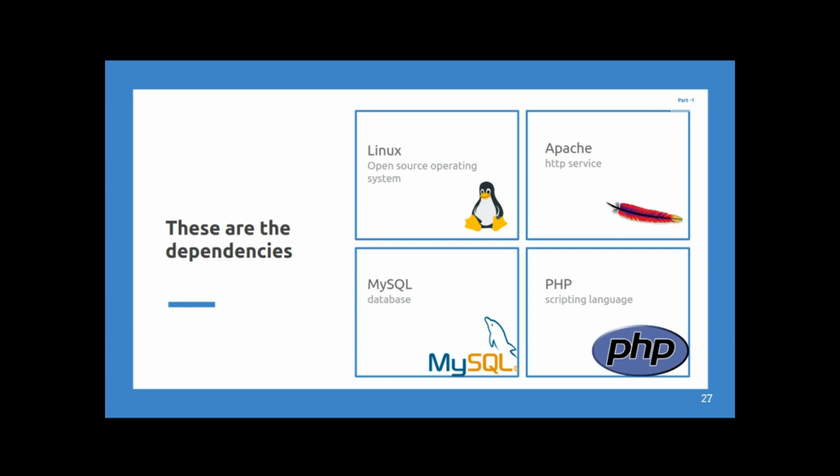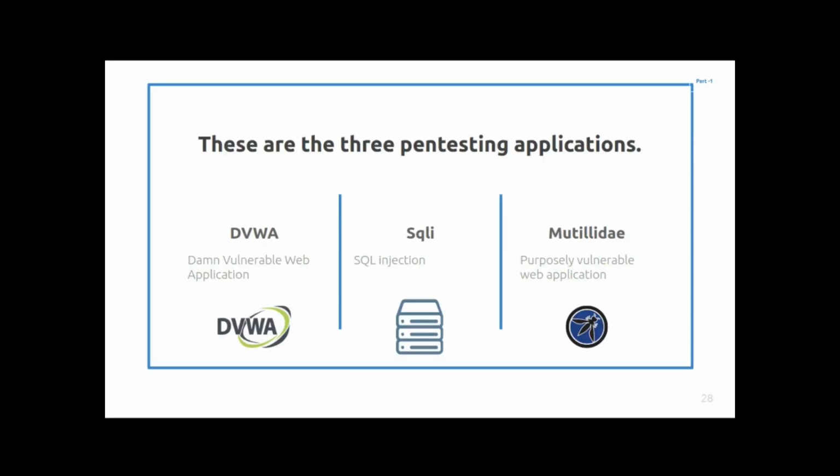So why do we need these dependencies? Well, we want to be running these three applications that we can interact with and use to pen test. So one of those applications is DVWA, and it's a web-based lab that, when you connect to the EC2 instance through the browser, this lab will pop up.